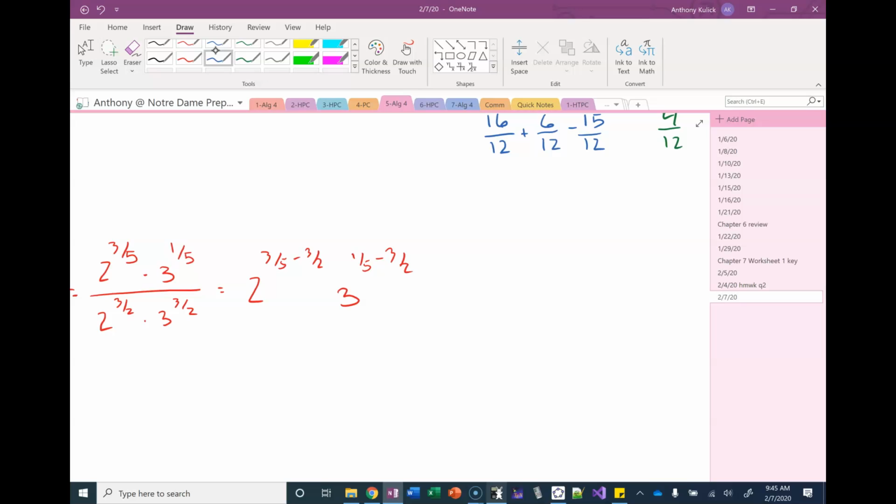To subtract these fractions, we need to have a common denominator. What's that common denominator going to be? 10. So the first fraction I'm going to multiply by 2 over 2. And the second fraction will multiply by 5 over 5. And then likewise, we'll do 2 over 2 and then 5 over 5.